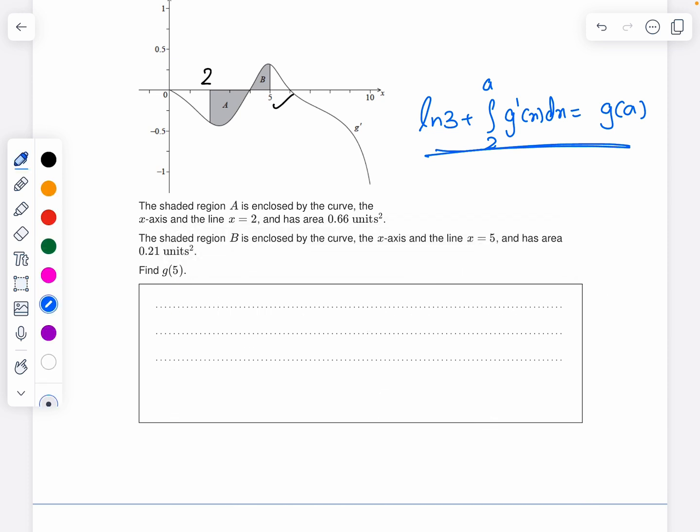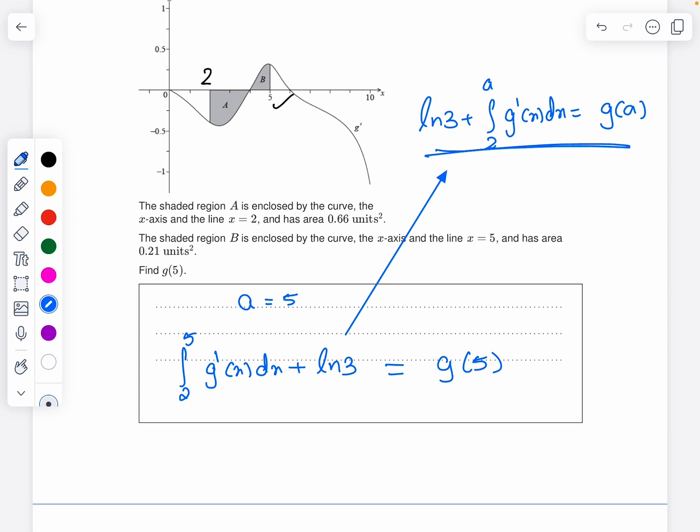So what am I going to find? Putting a equals 5 in the formula of g of a, the integral of g prime x dx from 2 to 5. If I add ln 3 to that, it becomes this formula and I can use it as g of 5.